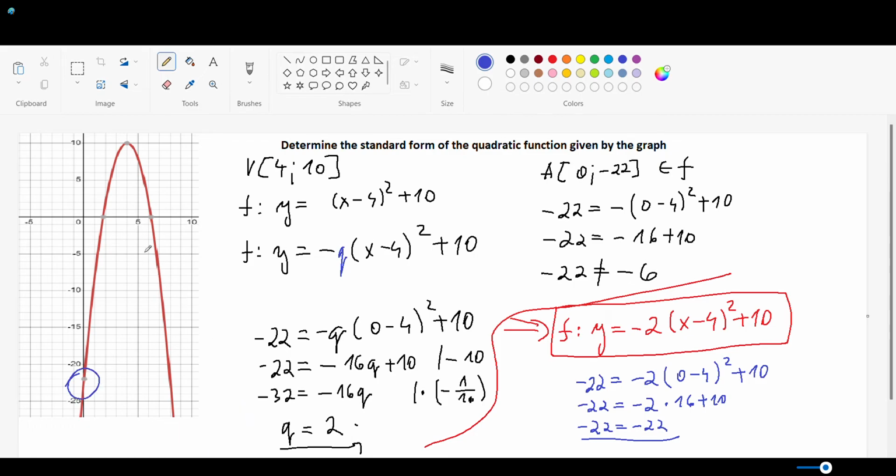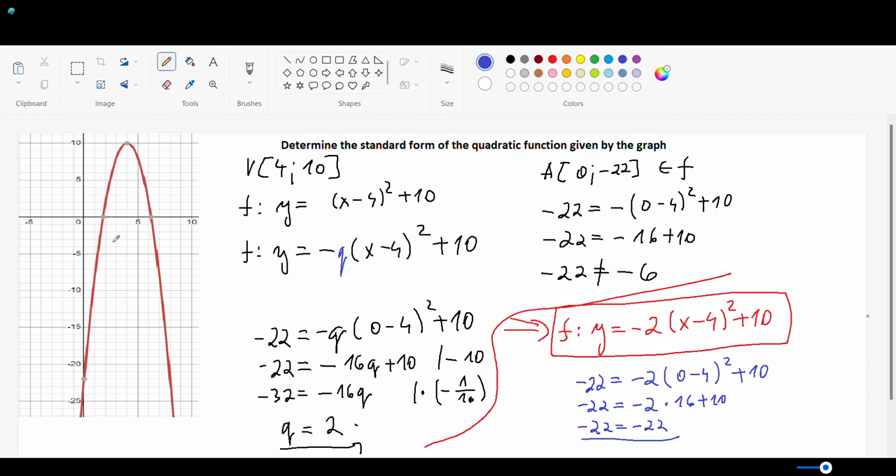We could simply check again above or for the vertex, but as we already constructed the description of the function in vertex form, we are quite sure that our function is passing through that point.